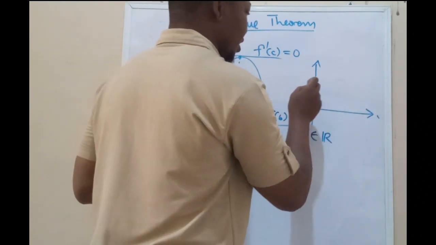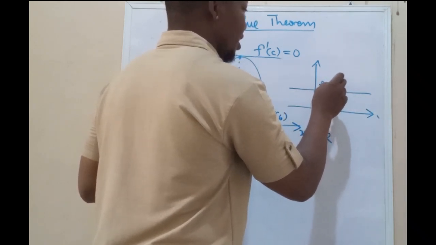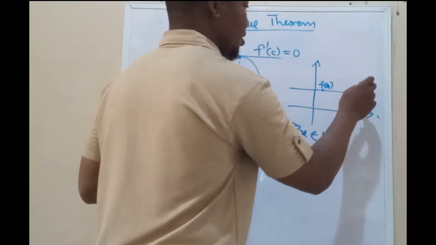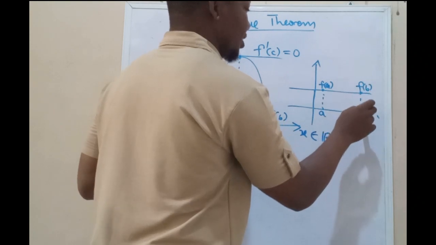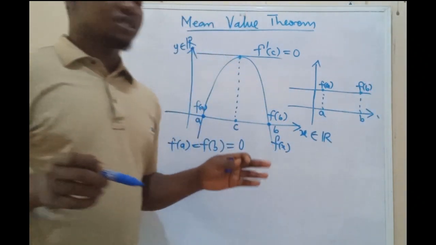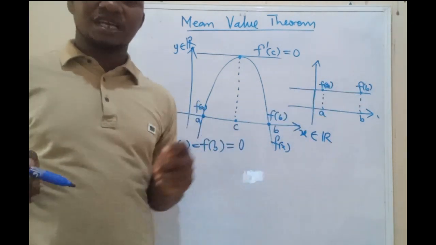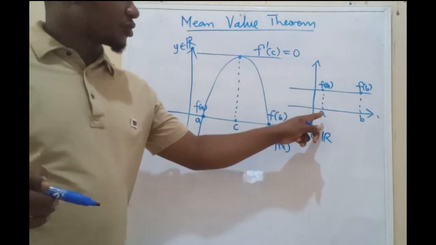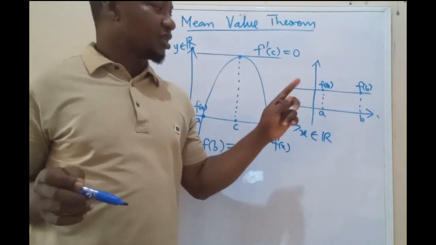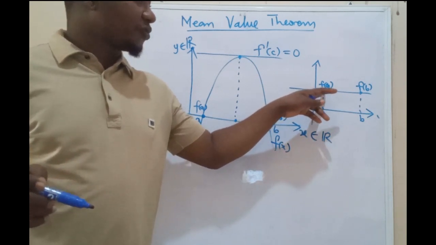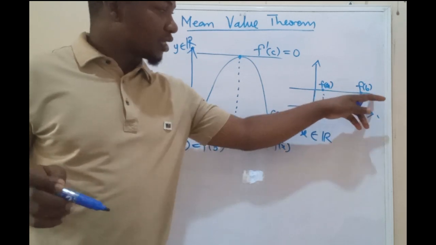If you have a line like this, where we have f of a and f of b, the point here is a and the point here is b. Similarly, if what you have is a constant, at a we have f of a, and at b we have f of b. These evaluations are the same.